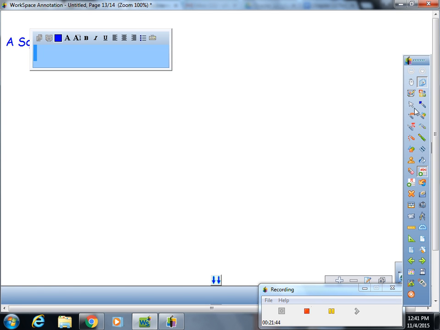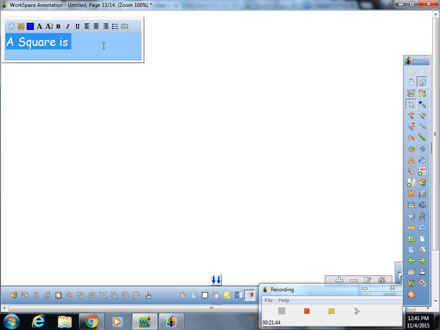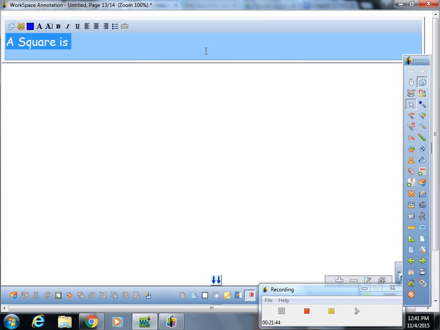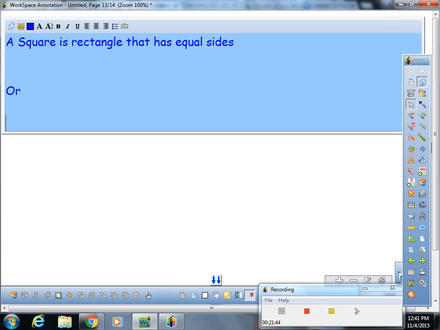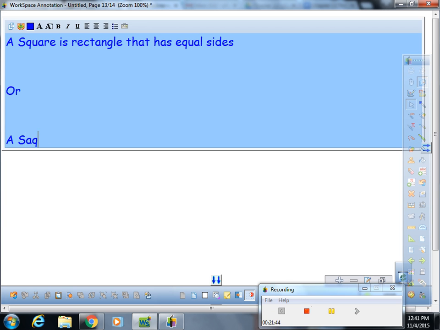You can say that a square is a rectangle that has equal sides, or you can say a square is a rhombus that has equal angles, and they are both equally great and sufficient definitions for a square.